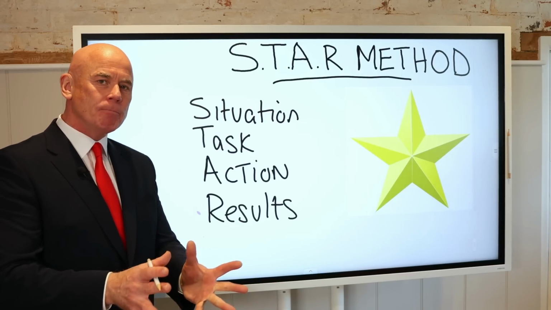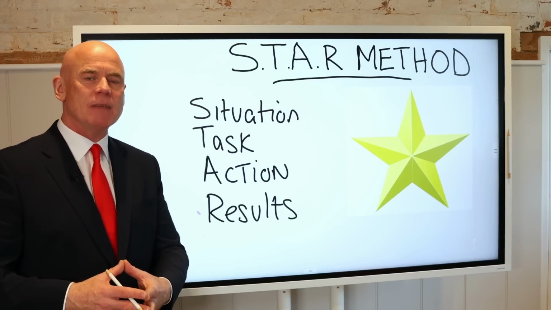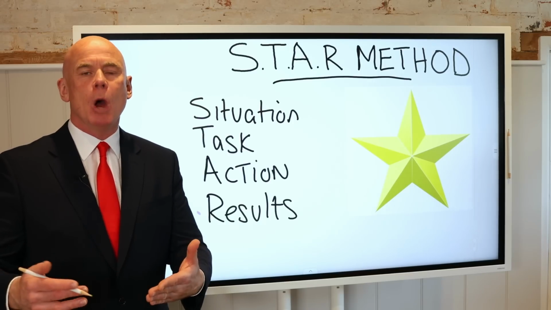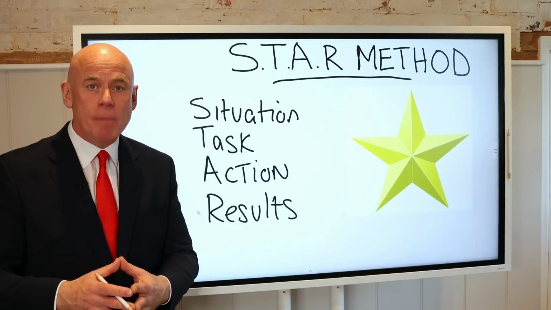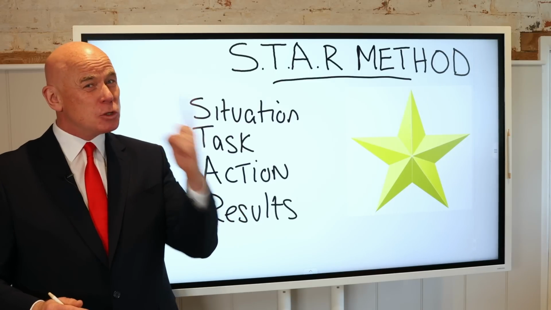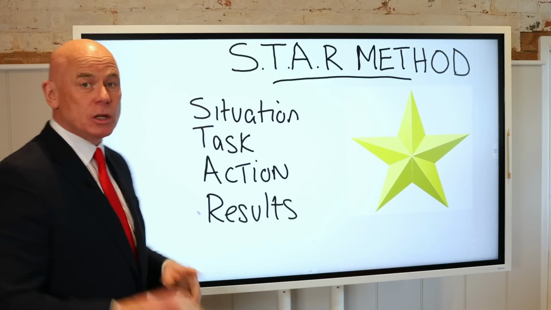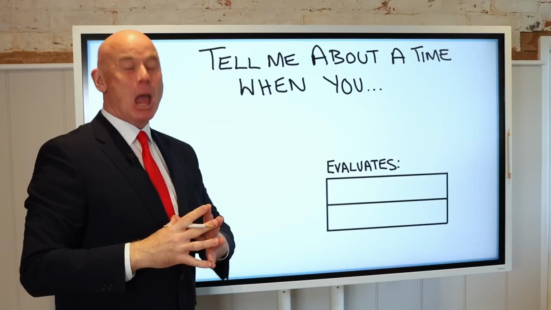Let's now move on to the next section of this training video, where I will tell you what the most common behavioural interview questions are and give you some top scoring answers that use the STAR method. Here we go.